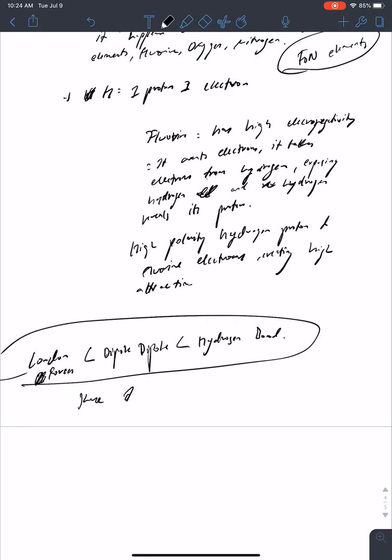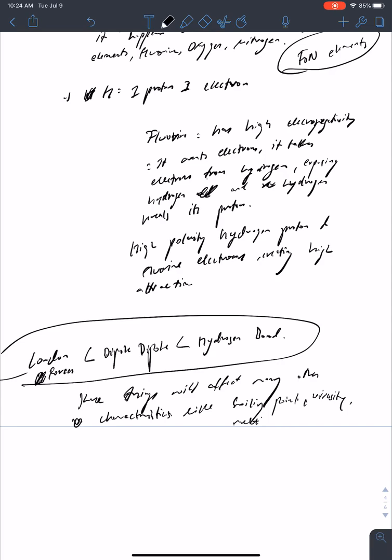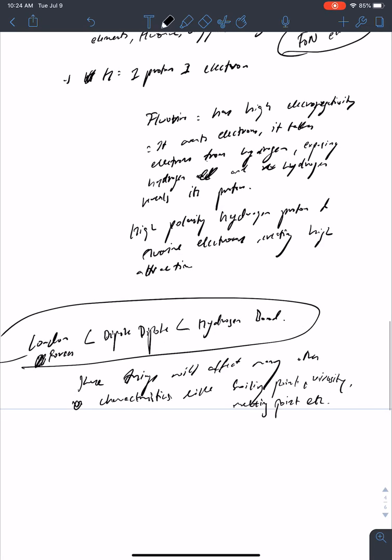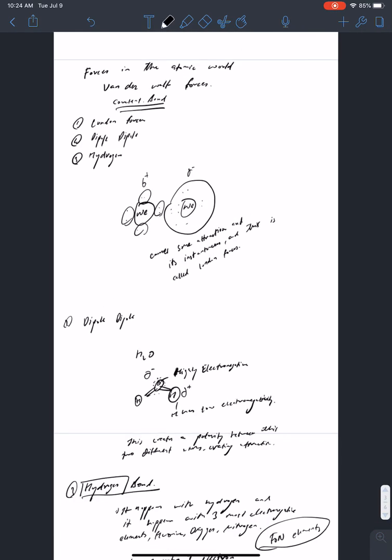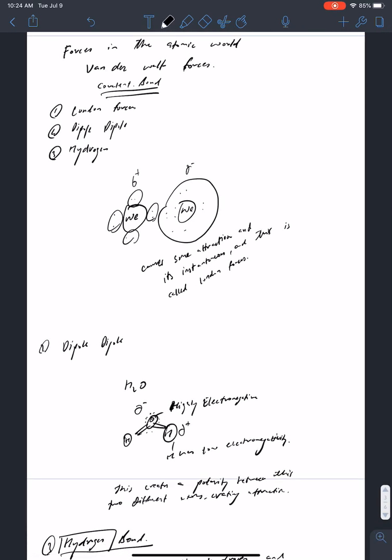These things will affect many other characteristics like boiling point, viscosity, melting point, etc. So those were the Van der Waals forces. The forces important in the atomic scale.